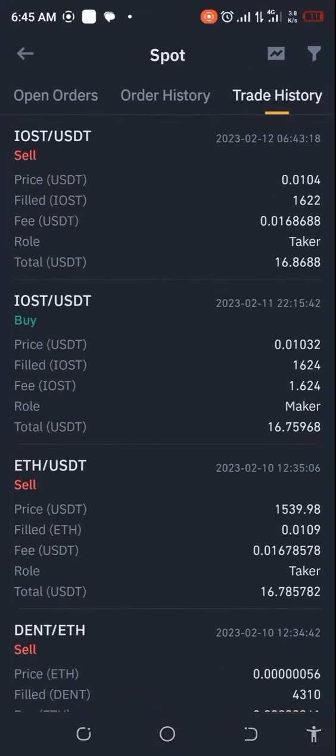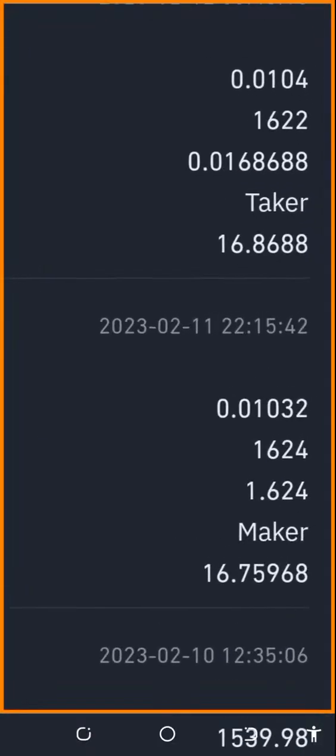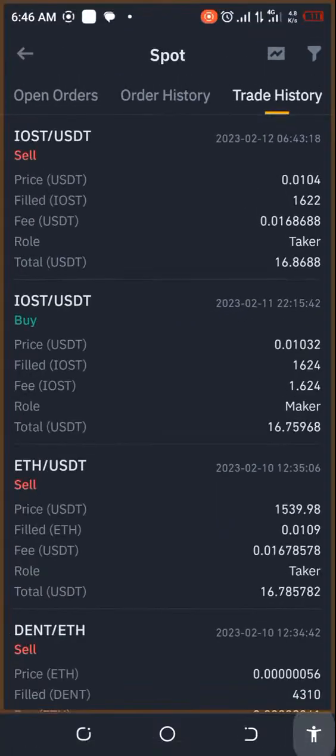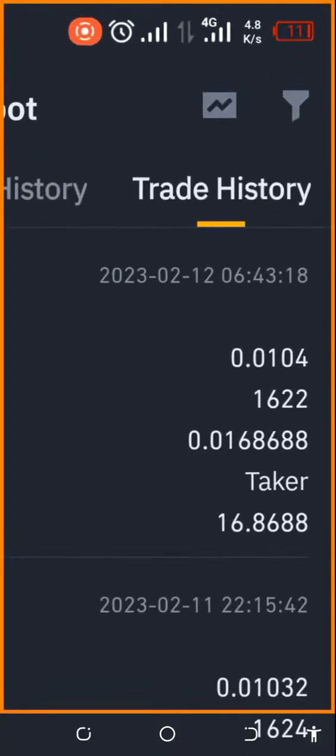We could have decided to wait for BTC to get back to 0.0104, but that would take a longer time. So how long ago was this? Let's check the difference in time. This was 22:15, like 10:15 p.m., and this is 6:43.